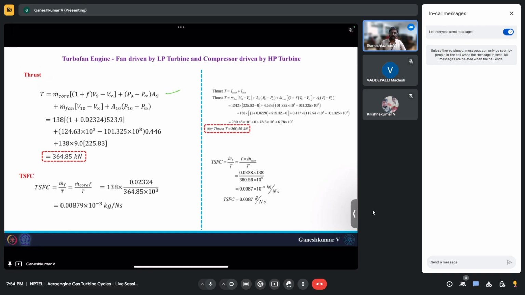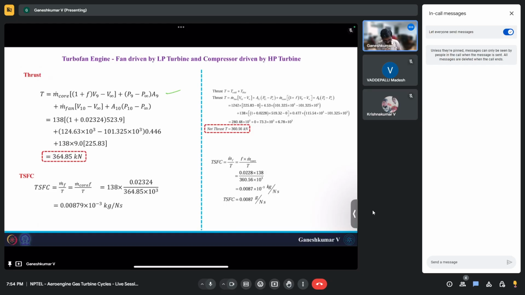You would see that there is a slight increase in TSFC, which means the amount of fuel you are adding is not as efficiently used as in configuration one. The effect of the fuel that you add is more than the increase in the thrust.